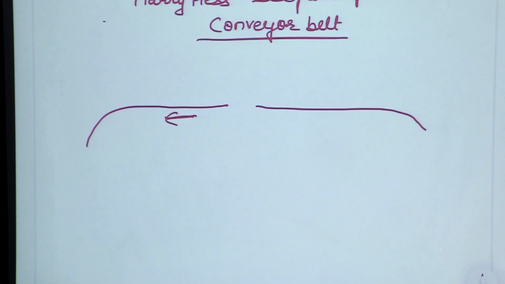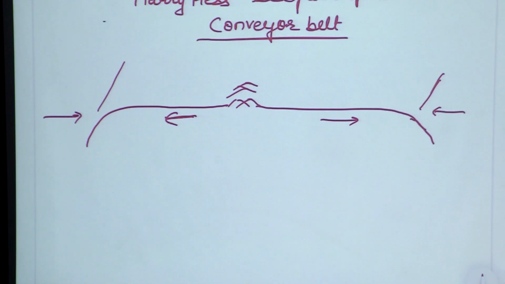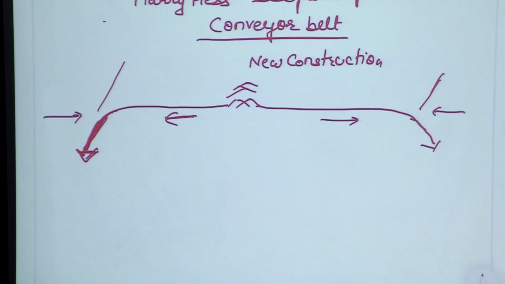At spreading boundary, new ridge will get constructed, and at converging boundary, old will get destructed. So new construction, and I hope you are recalling, we are talking about subduction. Old destructed.